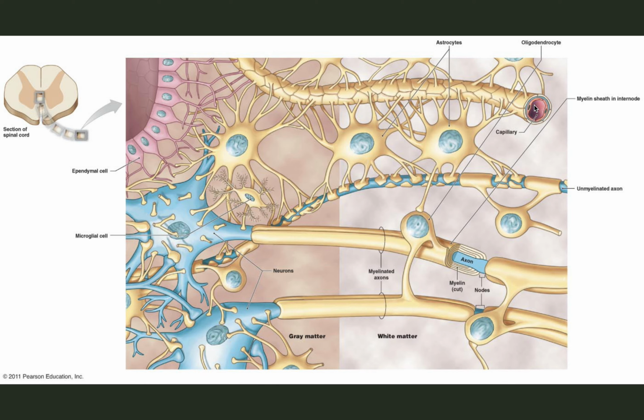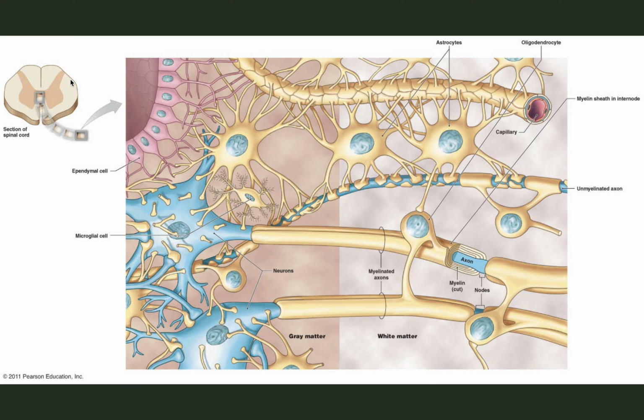Also in the central nervous system, we have these cells down here called oligodendrocytes. They form the myelin sheath, which you can see right here. The myelin sheath insulates axons and speeds up action potentials. Myelinated axons appear white, and they're called white matter.